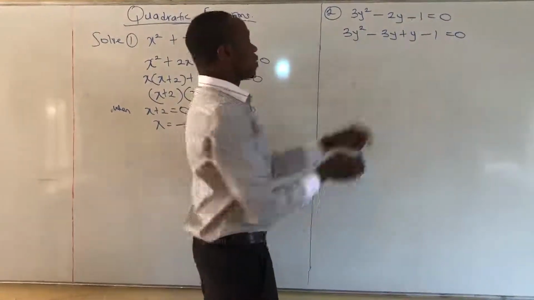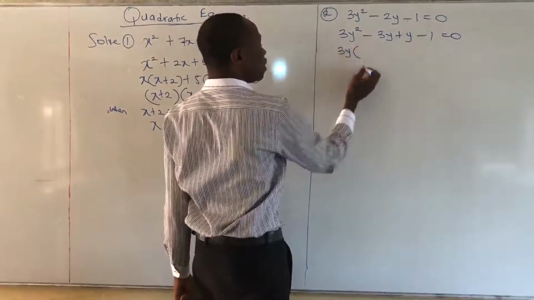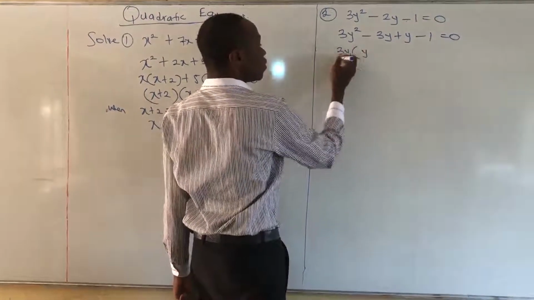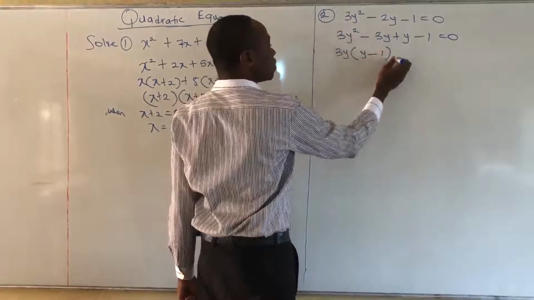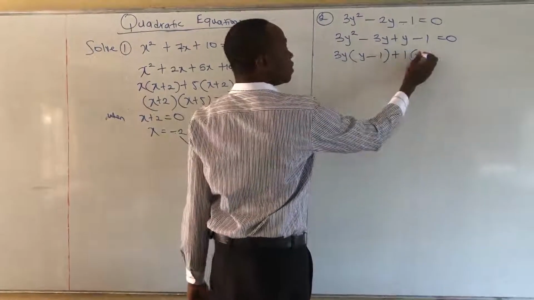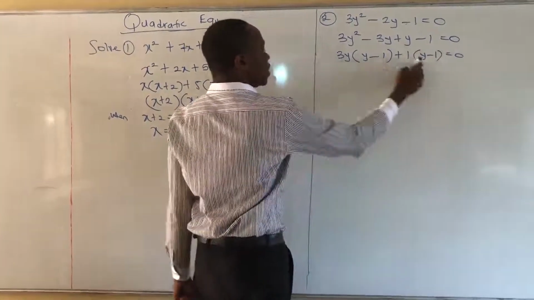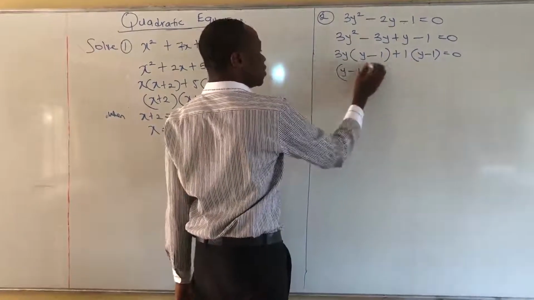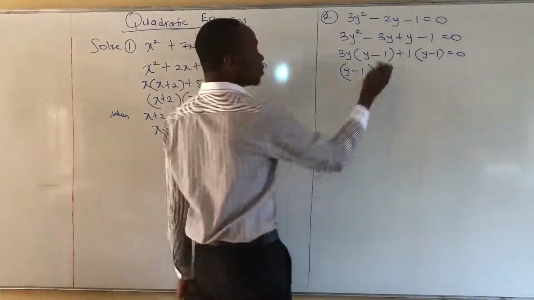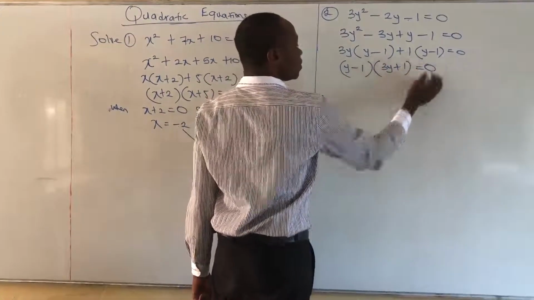Now we factorize this to have 3y into y minus 1, plus here we have 1 as the HCF, giving us y minus 1 equal to 0. Now we have y minus 1 being the common term, into 3y plus 1 equal to 0.